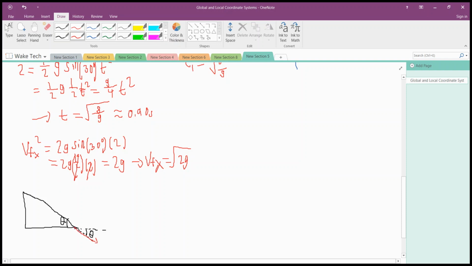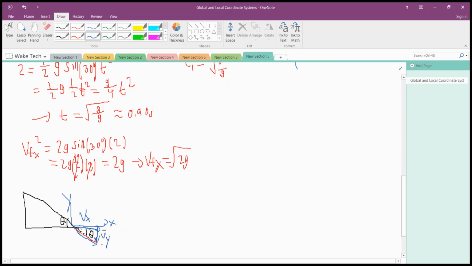Oh, well, look at that. We can then break this velocity according to the x and y axes of our blue coordinate system, using the same angle. So this velocity here becomes the initial velocity in the blue coordinate system, and we can break it down into x and y components.